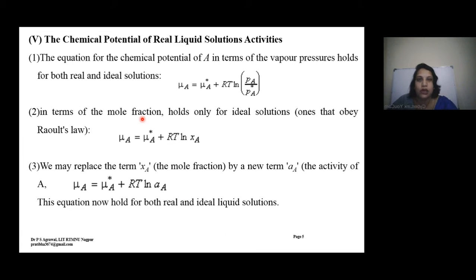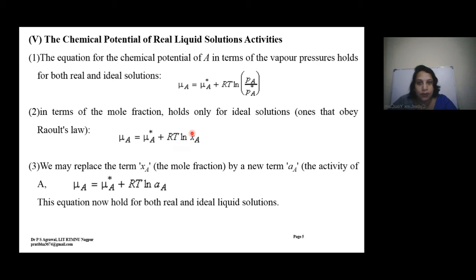Now the chemical potential of a real liquid solution. Here we have to see the activities. Whenever we are considering real solutions, we have to deal with activities. The equation for chemical potential in terms of vapor pressure holds for both real and ideal. But in terms of mole fraction, it holds for ideal solutions only, which obey Raoult's law.